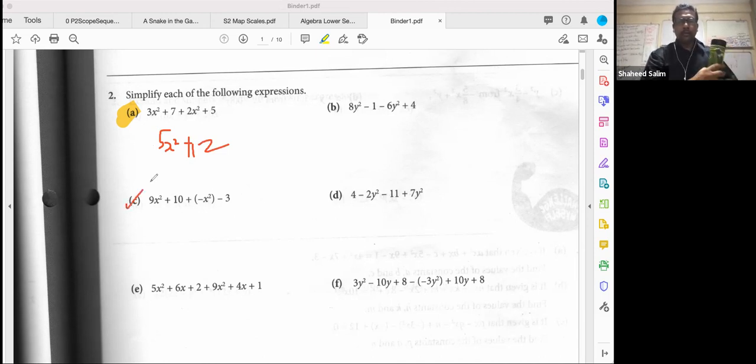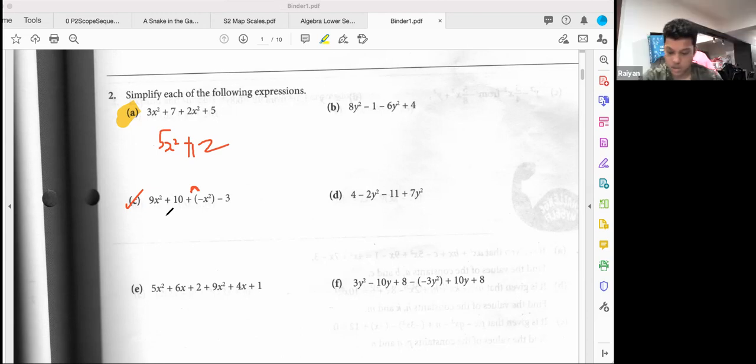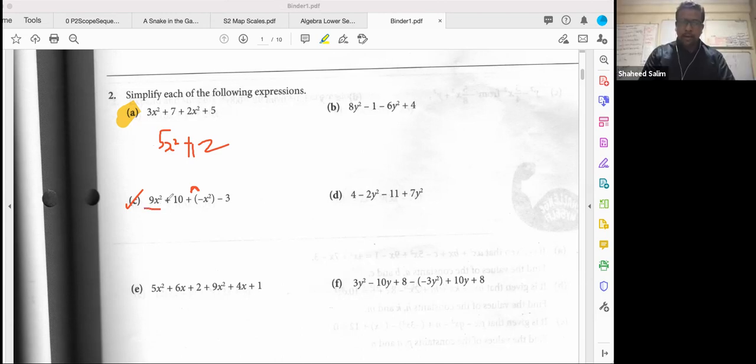So now we do this one, C. You can remove the bracket first. I can times first. You get what? Remember, include the sign in front.